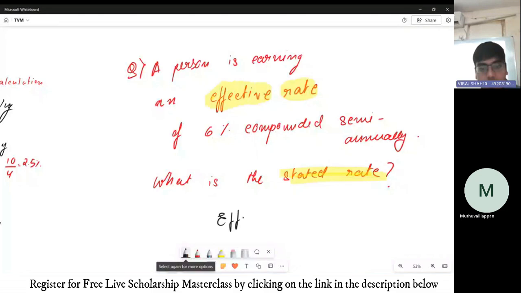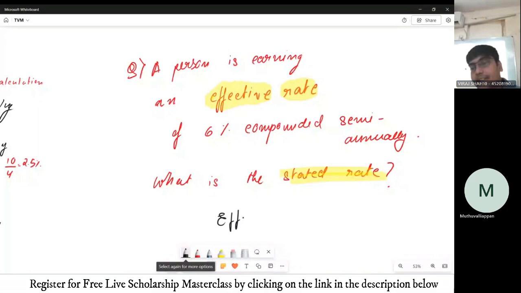Can I write effective rate is equal to stated rate by compounding frequency? Can I write this? हमने पहले यही किया था I by Y निकालने के लिए. I by Y is effective rate which was stated rate by compounding frequency.